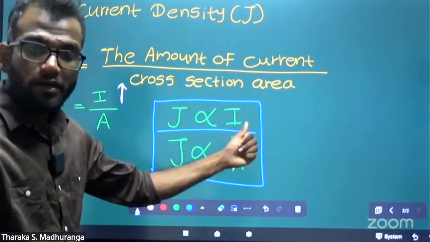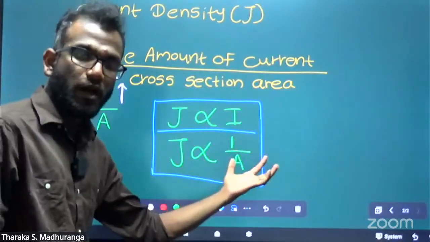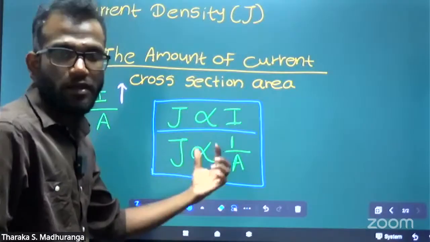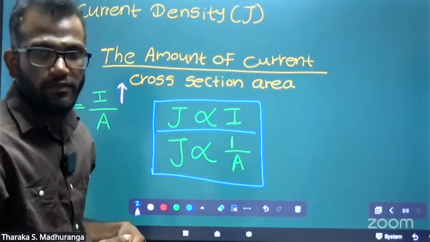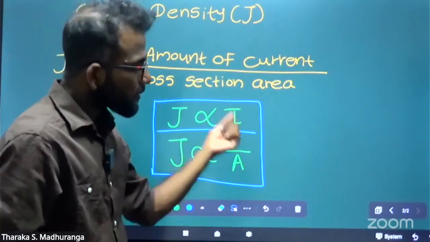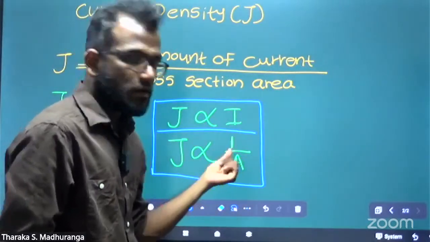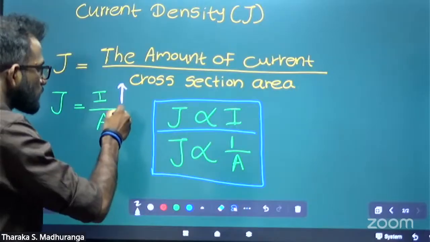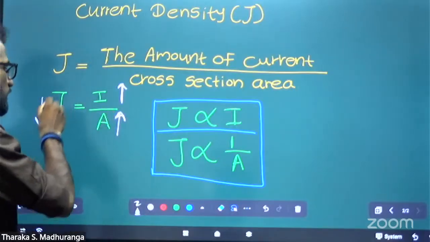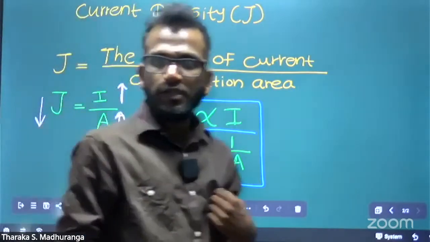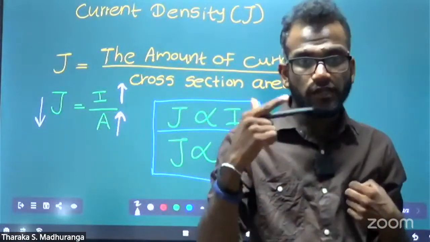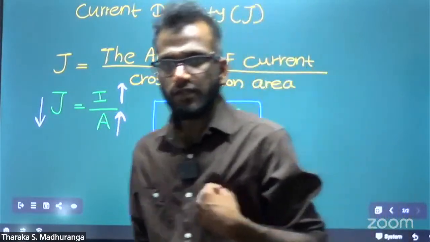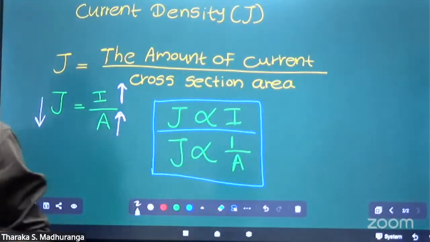Current and current density are directly proportional, so when current increases, the current density increases. When the cross section area increases, current density decreases. When the cross section area decreases, current density increases.